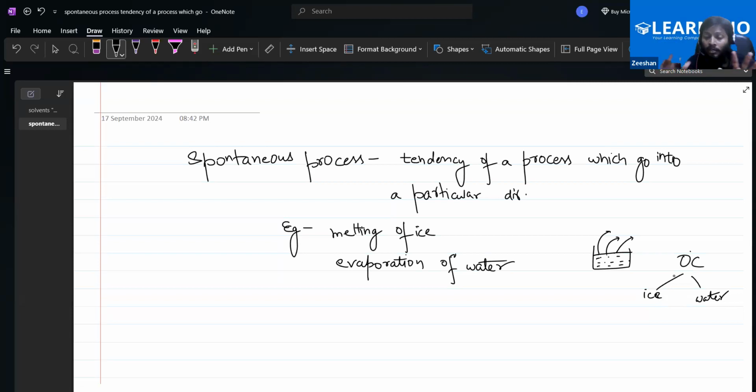Okay, so for example, at 0 degrees you may not feel this, so let's give an example of 100 degree water. In boiling water at 100 degrees, some water is in the water phase and some is in the vapor phase. The whole water in the vessel is at 100 degrees Celsius.